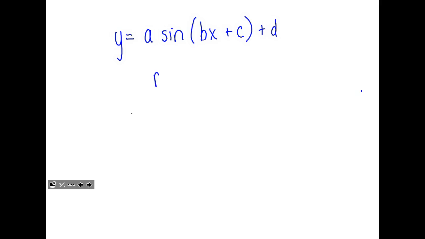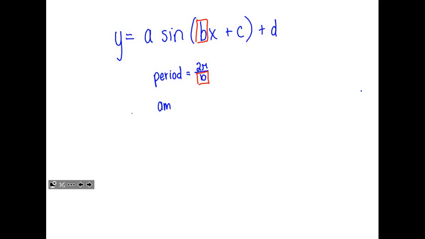So the period of a function is going to be 2 pi over b. So 2 pi divided by that number right there in front of the x is your period every time for sine or cosine.